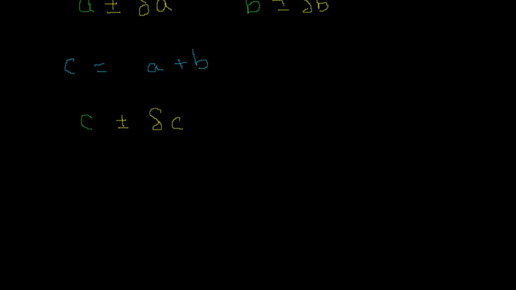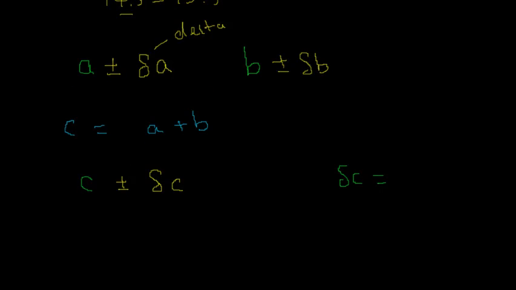So to find the error of C, we should find delta C by adding together the separate errors of A and B. So I can say that delta C is equal to delta A plus delta B.